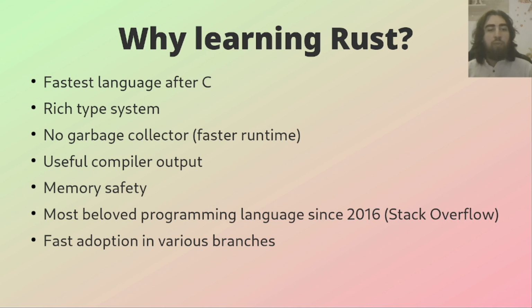It provides useful compiler outputs, and you will see that in the exercises we are solving. It guarantees memory safety, and it's the most beloved programming language since 2016 according to Stack Overflow, meaning now 7 years in a row. And we are experiencing fast adoption in various branches.